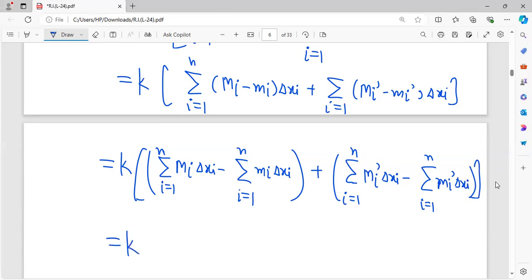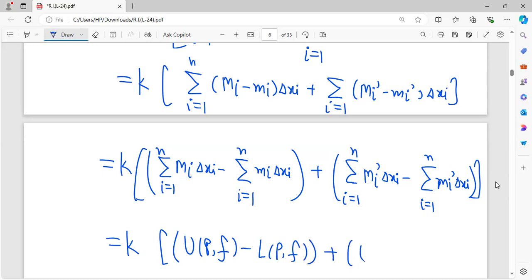So what is this? This is nothing but UPF on the closed interval. Sorry, this is UPF, this is minus LPF, and this is UPG minus LPG.